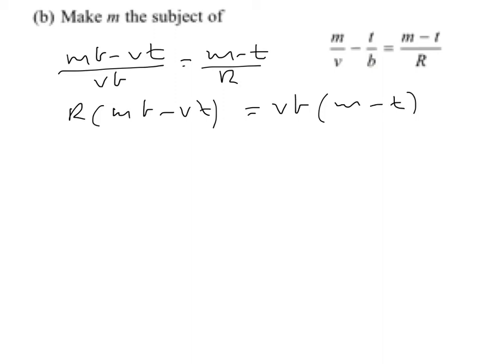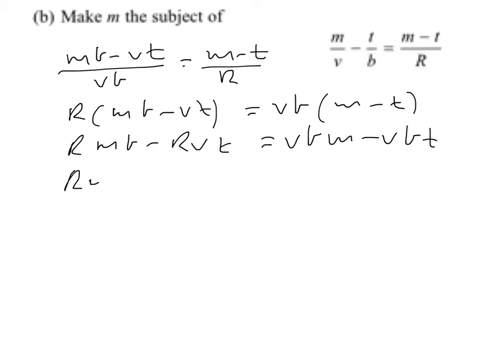We'll now multiply our brackets, so we've got rmb minus rvt equals vbm minus vbt.